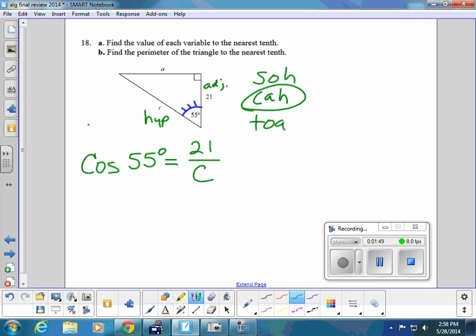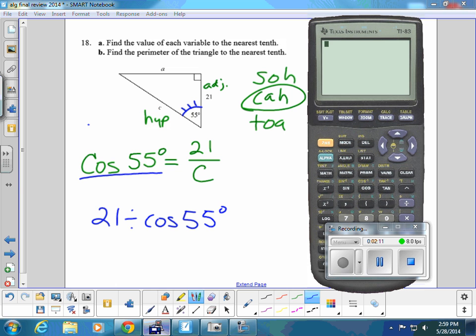We don't know what C is. Okay, and then we said the variable on the bottom, divide by the one that has a lot of stuff in it. That's one way to remember it. So to get this answer, you're going to divide 21 divided by cosine 55 degrees. And you can do that on your calculator.